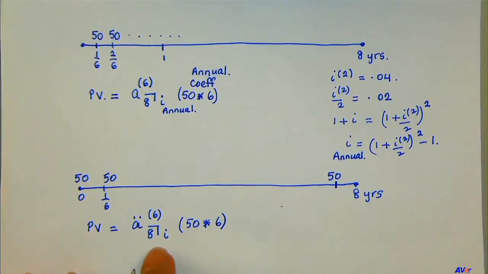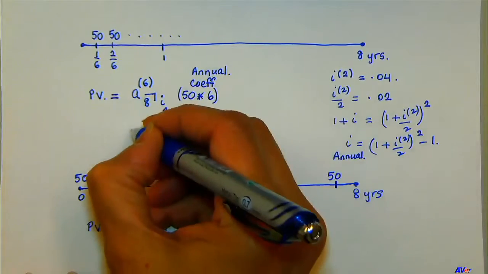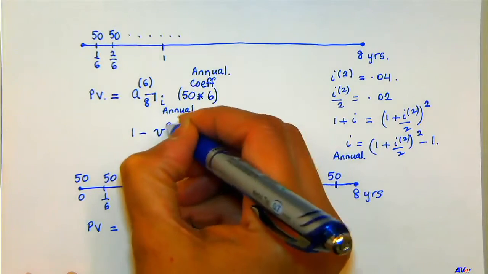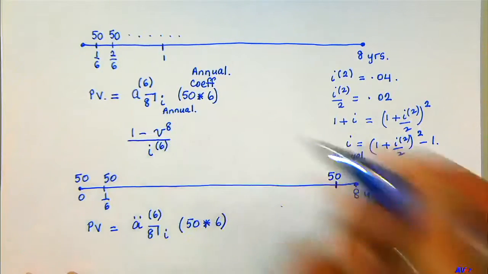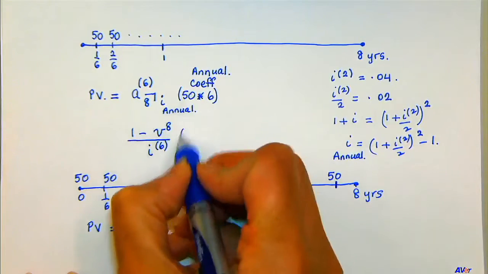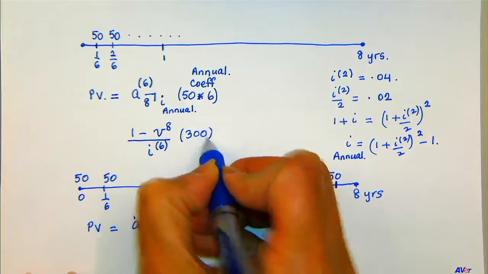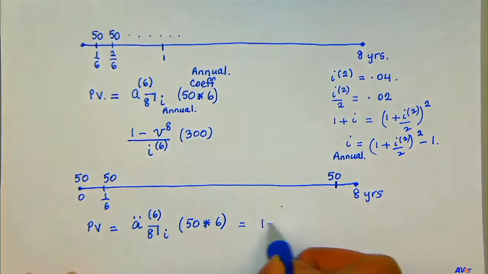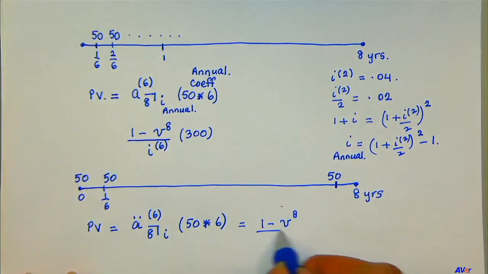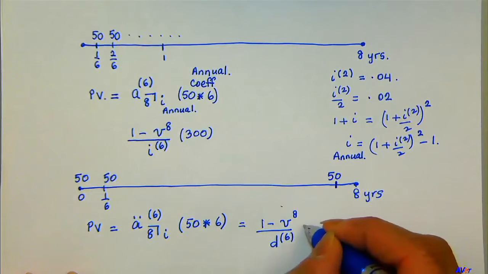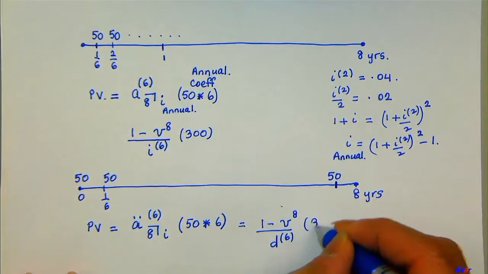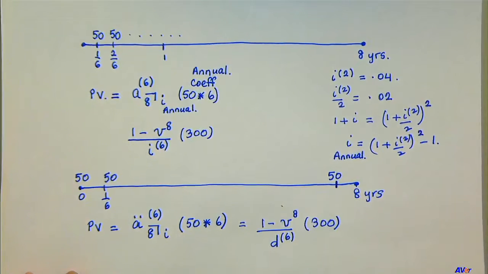So what's the difference between this one and this one? This one is equal to 1 minus v to the 8 over i(6) times 300, and this one is equal to 1 minus v to the 8 over d(6) times 300. You see the difference?